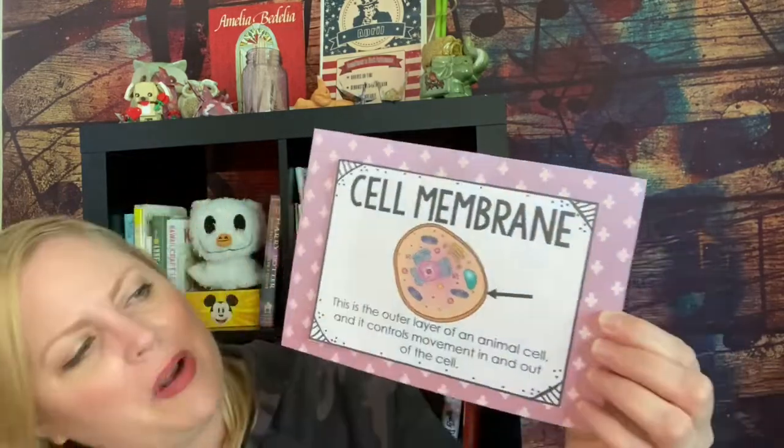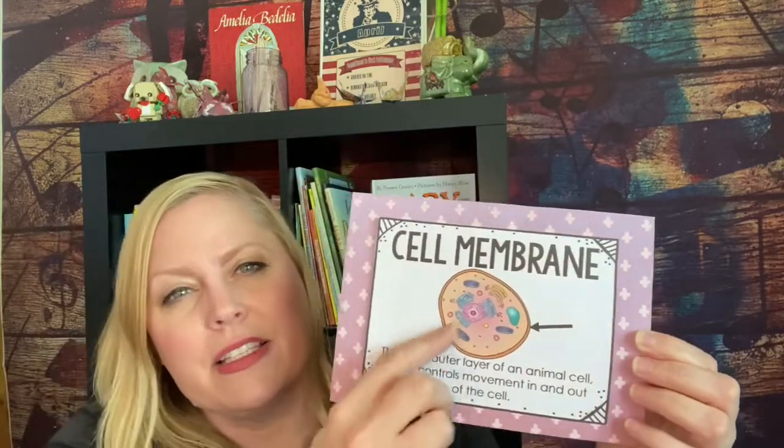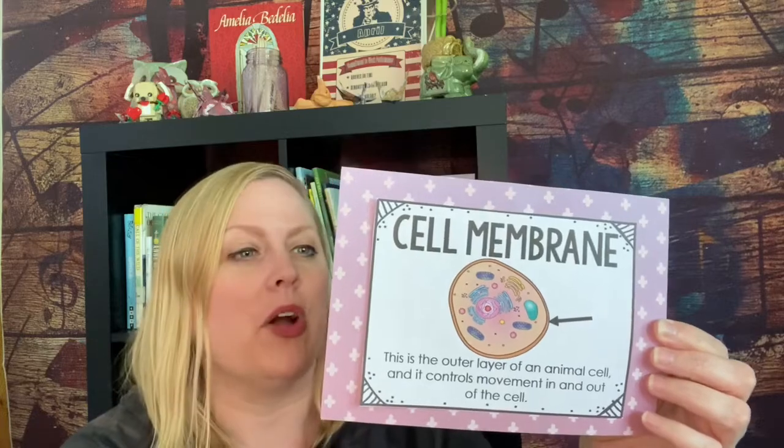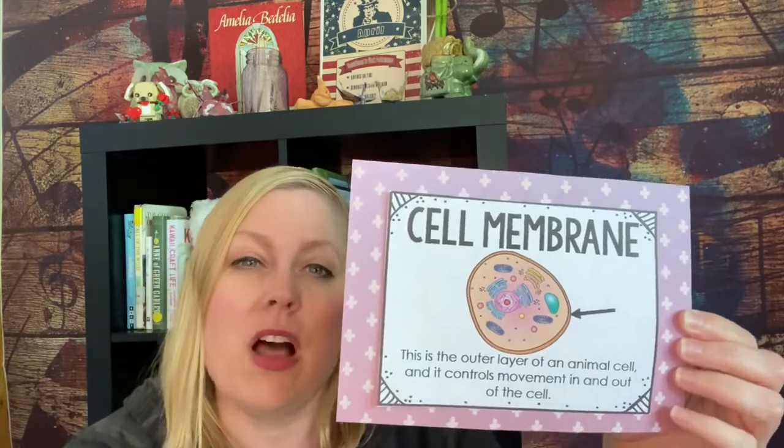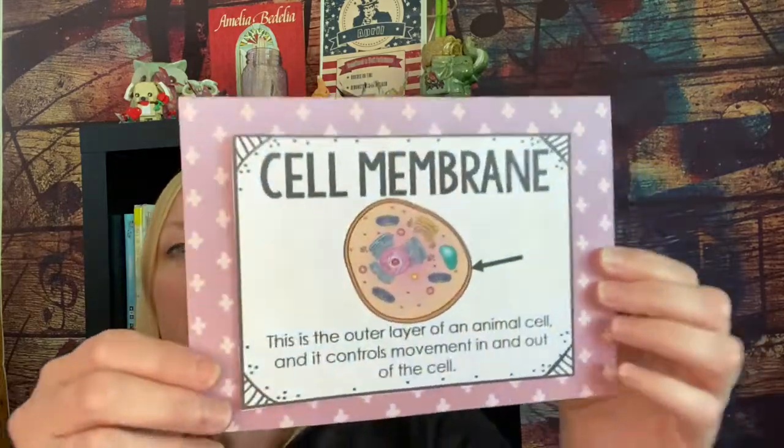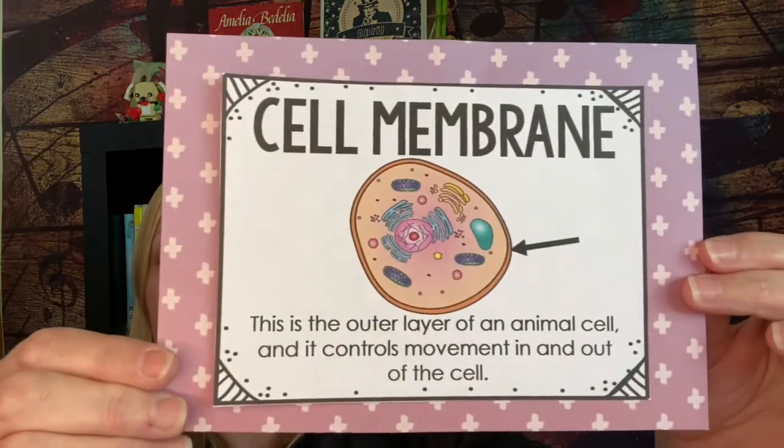The cell membranes allow nutrients, or the food that the cell needs to live and grow, into the cell along with water, and it keeps all the harmful molecules out of the cell. Okay, there's the cell membrane.